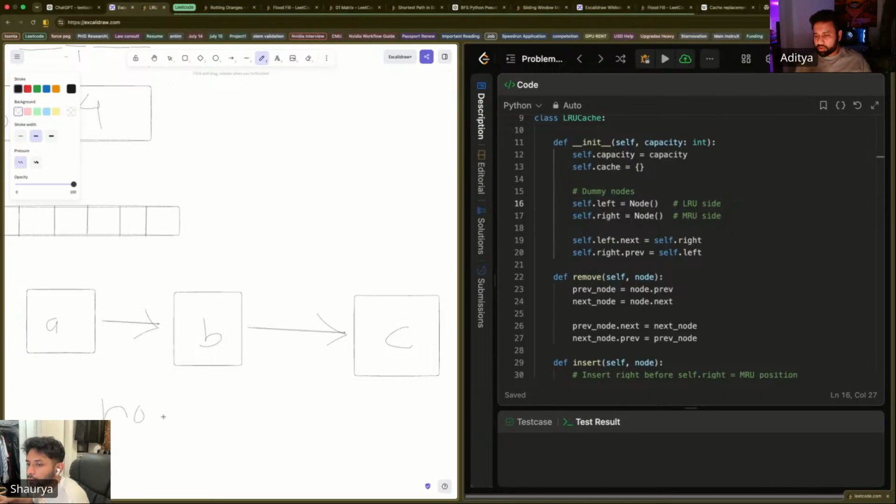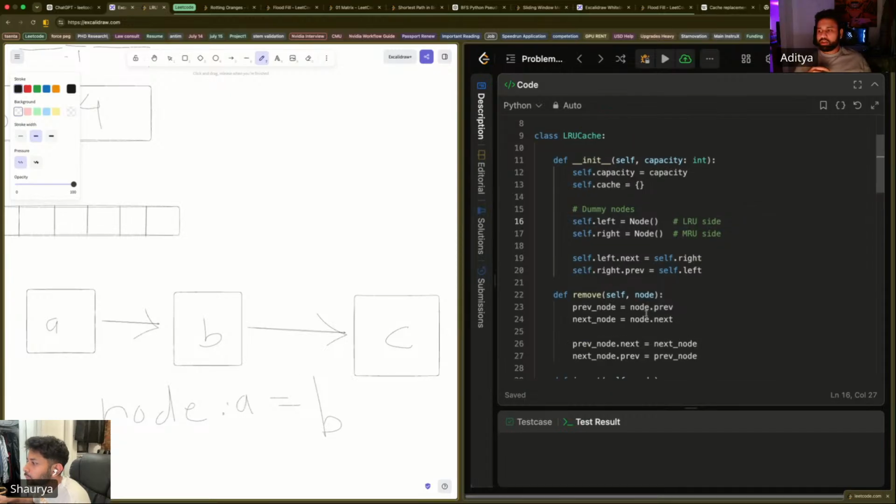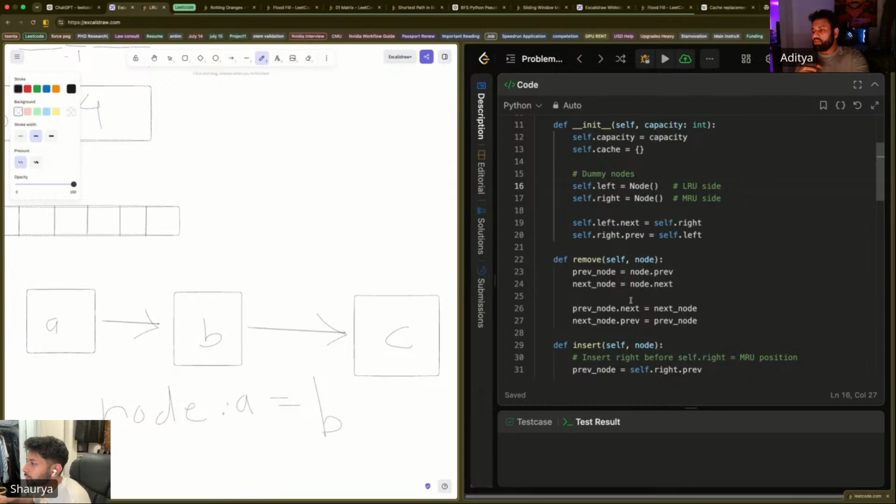Node.next of A is equal to B. But how do we do node.next over here? We are using node.next over here, so that is A.next.